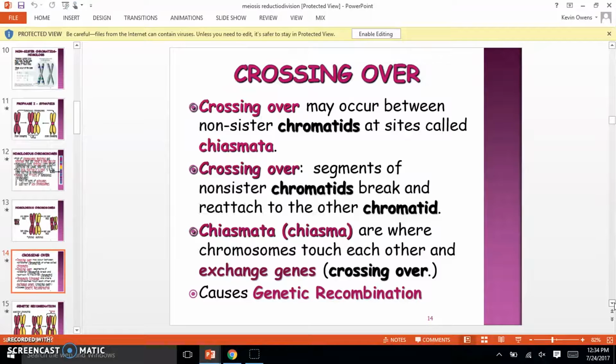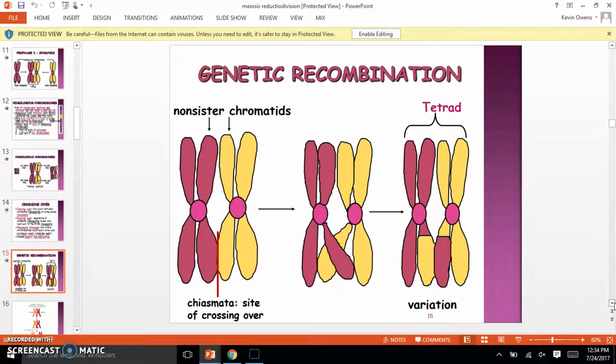Crossing over may occur between non-sister chromatids at sites called the chiasmata. In crossing over, segments of non-sister chromatids break and reattach to other chromatids. The chiasmata are where chromosomes touch each other and exchange genes. Now this is called genetic recombination, and this is where most people get their differences.